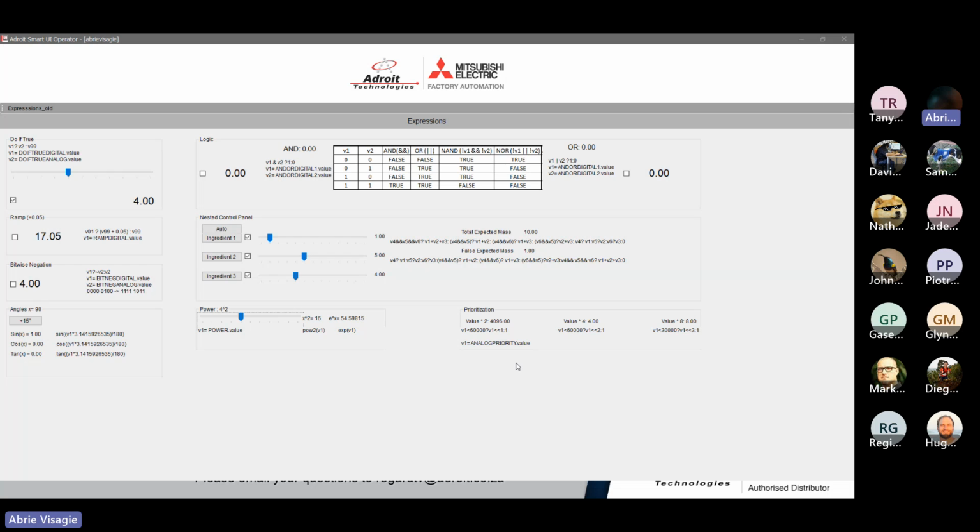Finally, for the Adroit side of things, we can see that we have prioritization. Now, prioritization involves assigning different levels of importance to bits based on their position in the binary value.